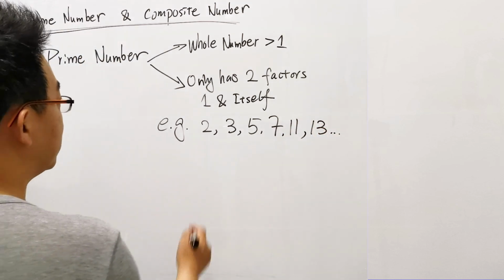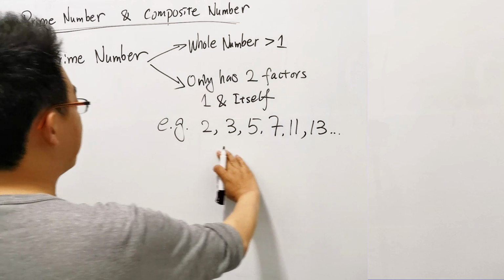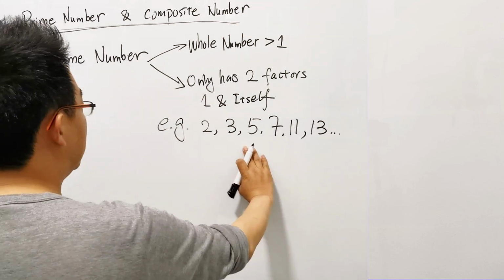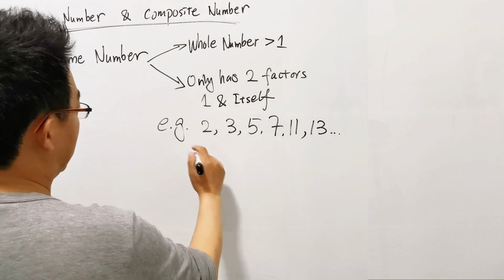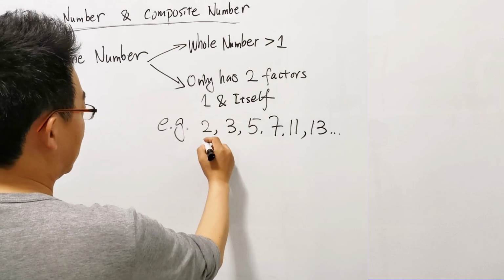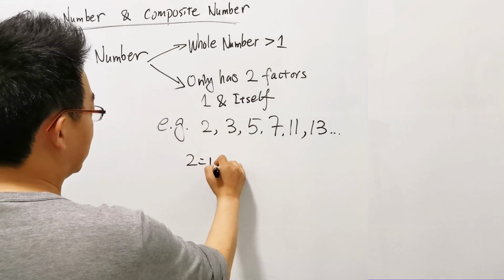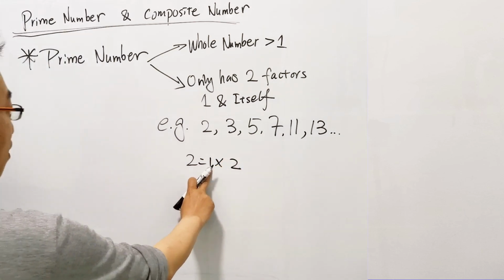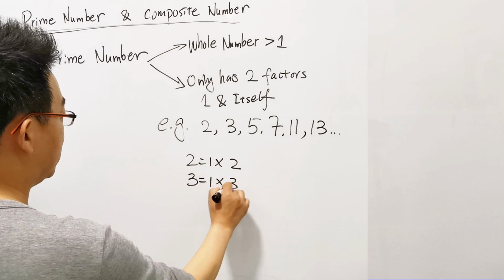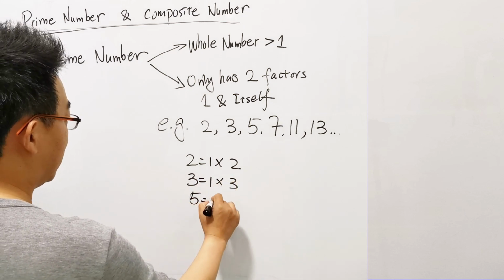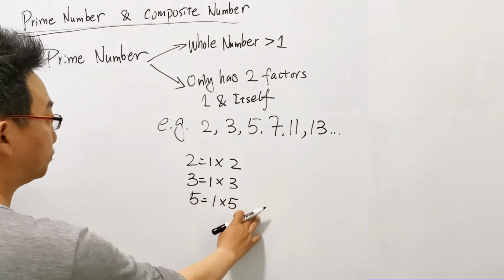All those numbers we call prime numbers. A prime number only has 2 factors, 1 and itself. For example, 2 equals 1 times 2, so they only have 1 and 2, and 3 is only 1 times 3, 5 is 1 times 5.